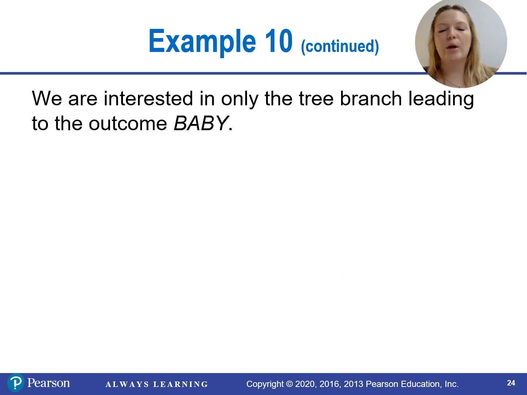So we could draw a tree diagram for the possibilities here. It would be a pretty big tree diagram since we're starting with 11, and then the next outcome space would have 10 options from each of the first 11 options, and so on. So we could think about just the branch that leads to the outcome B-A-B-Y.